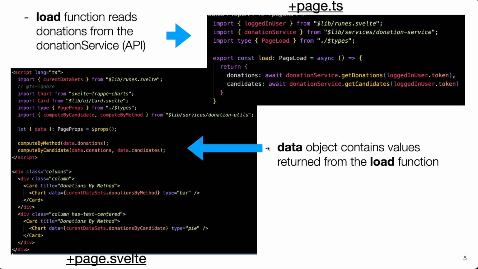Inside our PageLoad function, we're retrieving from the API our candidates, and then those candidates are passed to the svelte page, and they're available via the data property. So we see data.donations and data.candidates. So these values here are available over in the HTML svelte component.